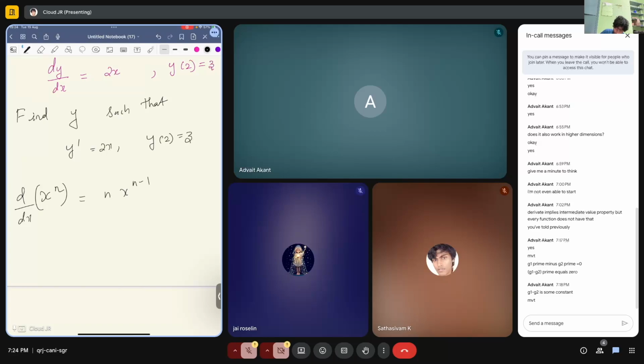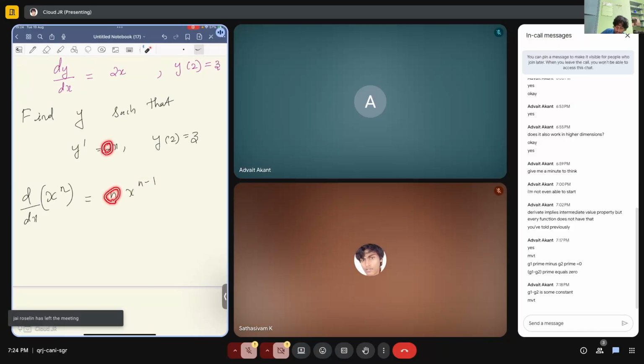So you have to compare these two. That means n is like 2 here. It's not necessarily n; you can have something like alpha times x to the n.